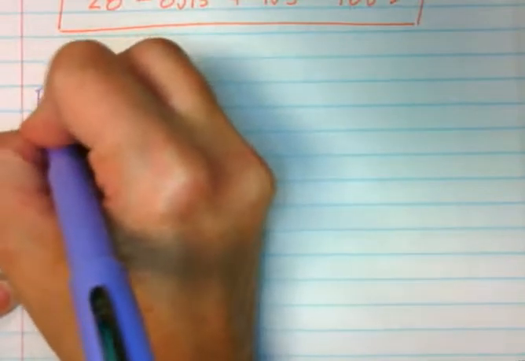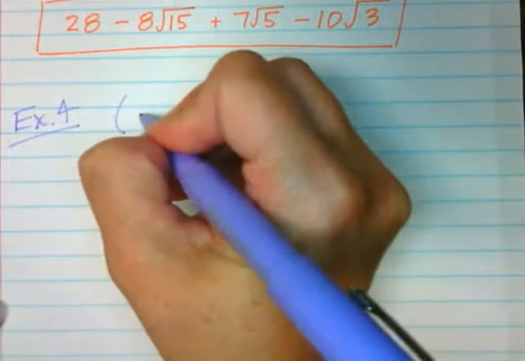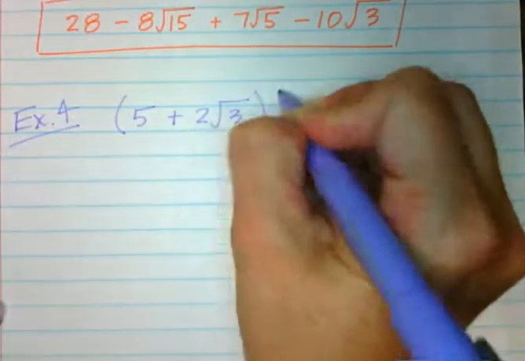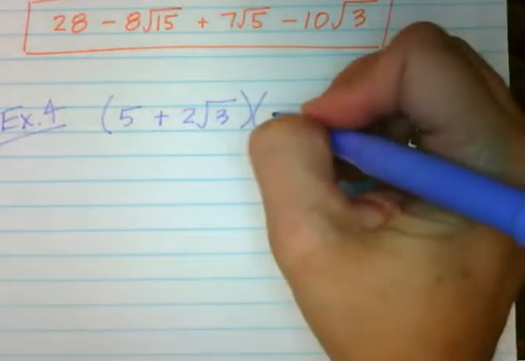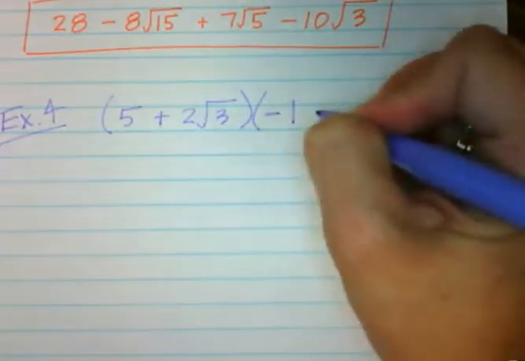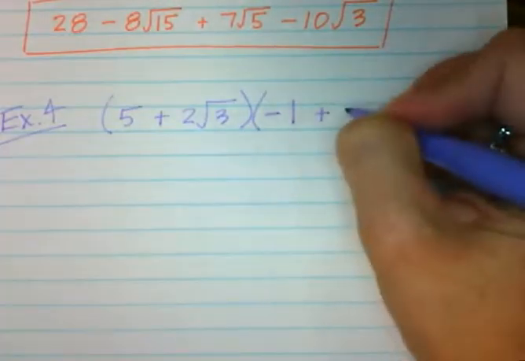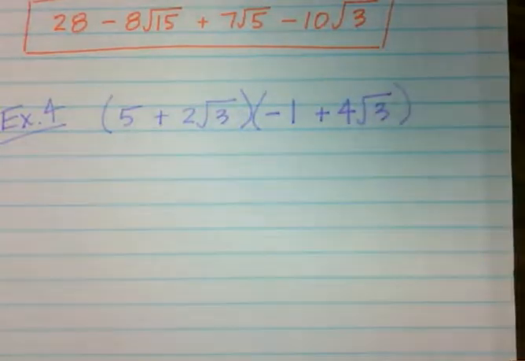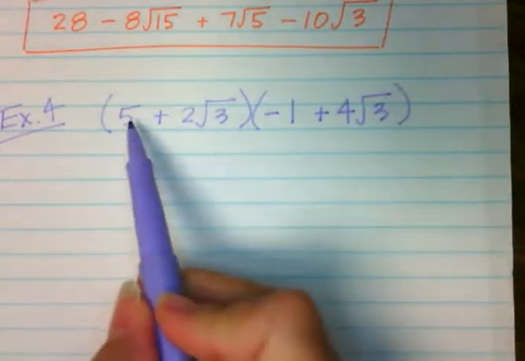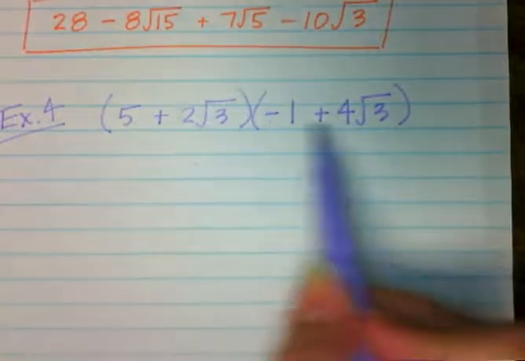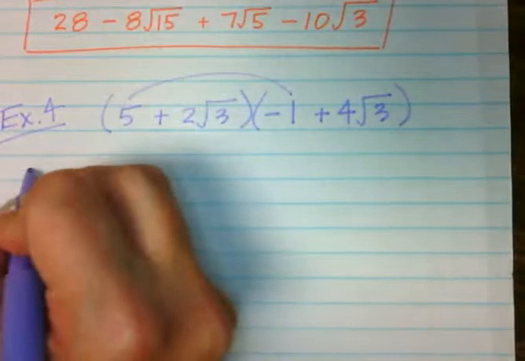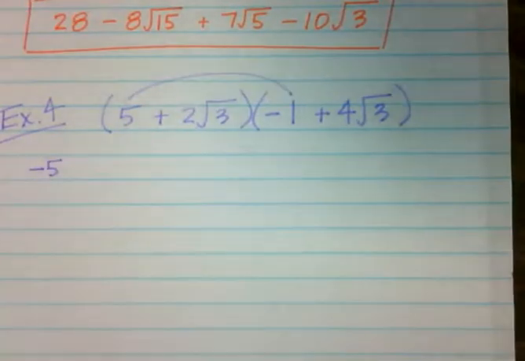So, for example 4, we'll do 5 plus 2 square root of 3. And we'll multiply that with negative 1 plus 4 square root of 3. All right, so first we're going to do FOIL again because we have two binomials together. So our first terms multiplied together would be negative 5.